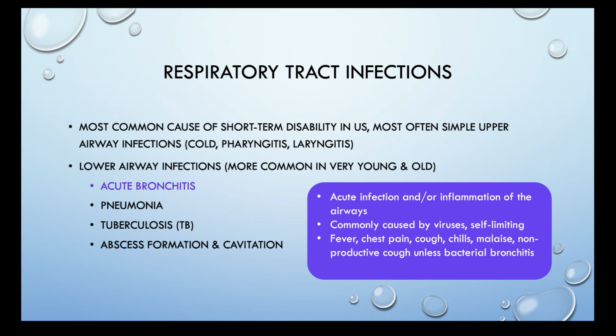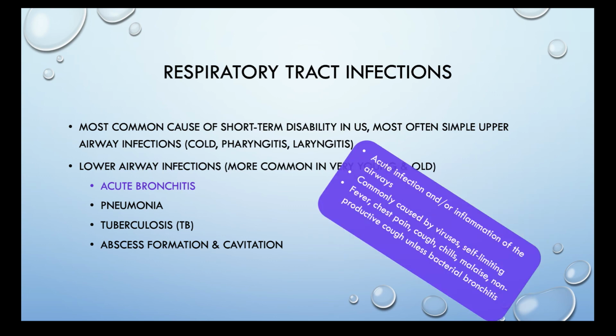It just works through its course, lets our immune system have at it, and resolves all on its own. With these patients, they may have a fever, chest pain, a cough, chills, malaise, which is significant fatigue. The non-productive cough is what they'll have unless they end up with a bacterial bronchitis, and then they'll have lung cheese.